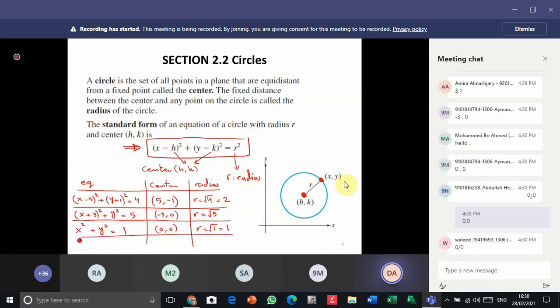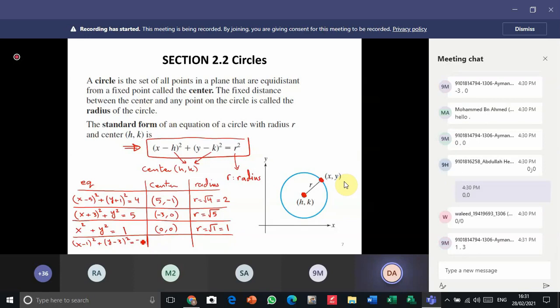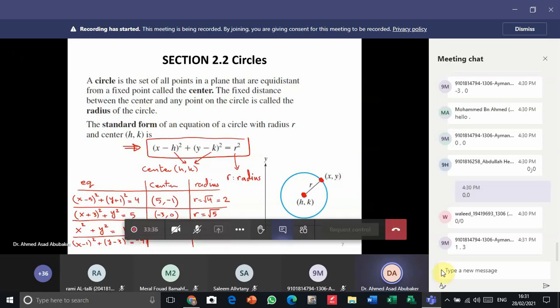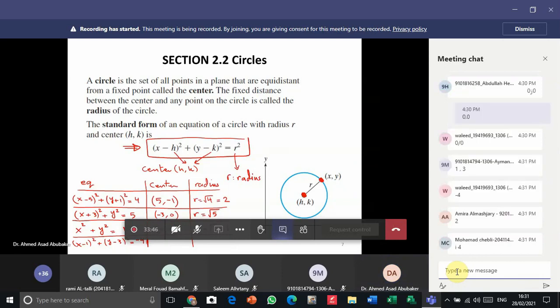Okay. If we have (x minus 1) all square plus (y minus 3) square equal negative 4, what's the center? 1, 3.